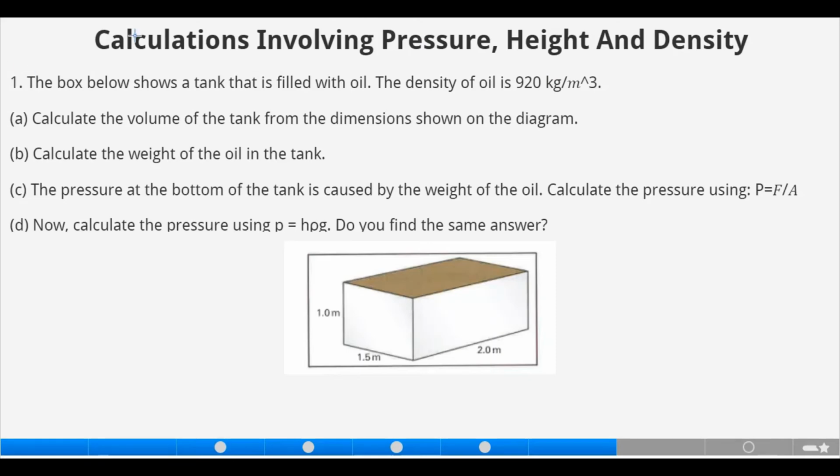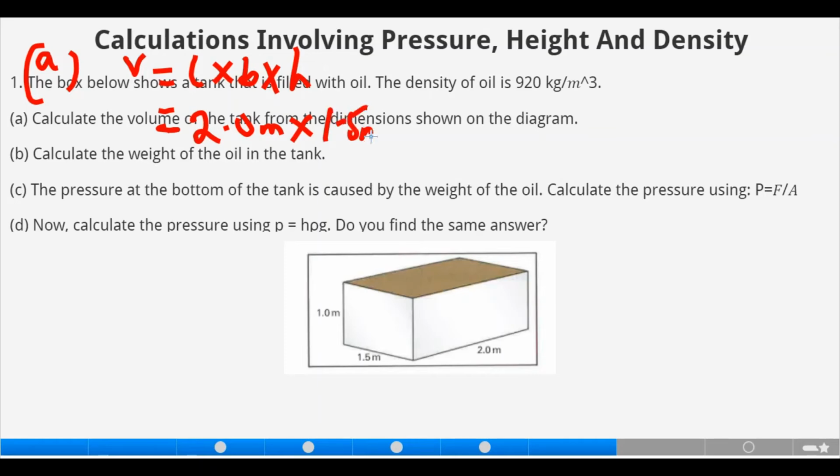All right. So for A now, we have to calculate the volume of the tank from the dimensions shown on the diagram. Don't forget that volume is length times breadth times height. Here now, if you look at this diagram below, the length is 2.0 meters, times the breadth, which is 1.5 meters, and the height is 1.0 meters.